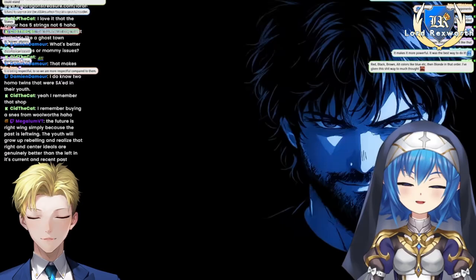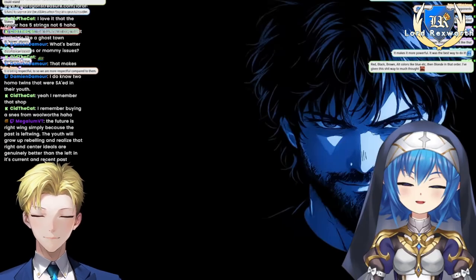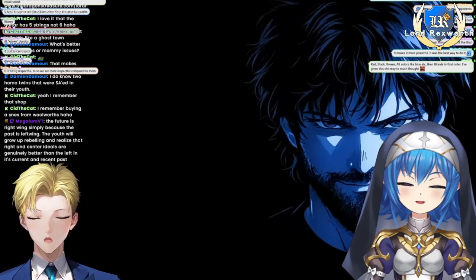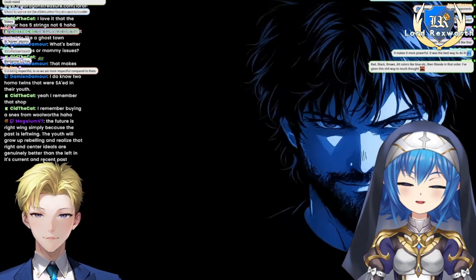The future is right-wing simply because the past is left-wing. The youth will grow up rebelling and realize that right and centered ideals are genuinely better than the left in its current and recent past. Yeah, exactly. The right offers sanity, offers a return to normalcy and decency.